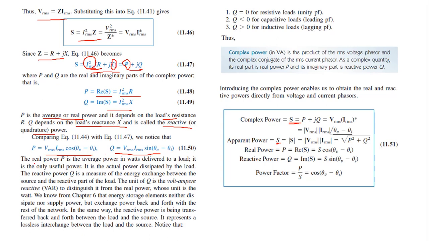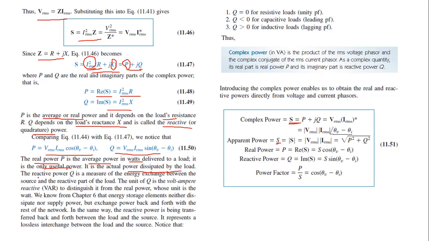So term P is called real power, which is nothing but the average power, and the unit of average power is watts. This is the only useful power, the power which is actually dissipated by the load, and which is called real power.